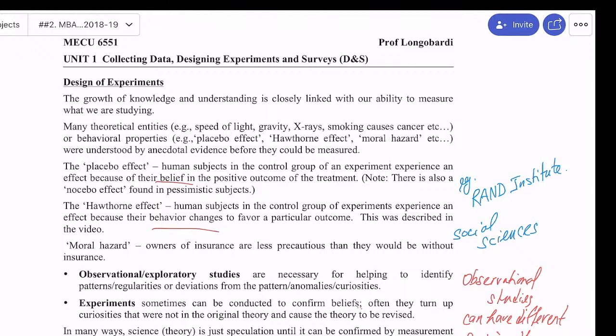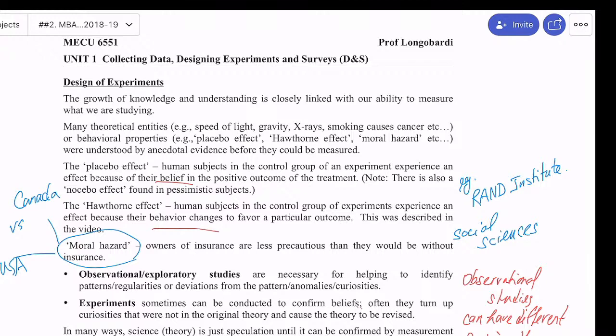However, the beliefs about moral hazard vary without evidence. We make certain assumptions. In Canada, the viewpoint is that it doesn't matter, even if people change and they're less precautious when they have insurance.